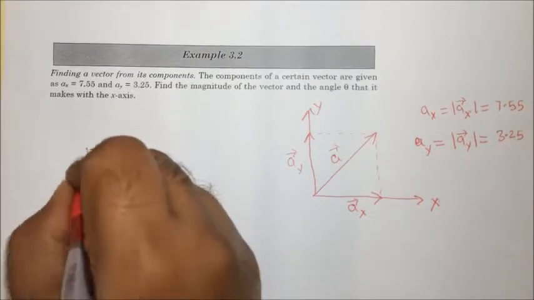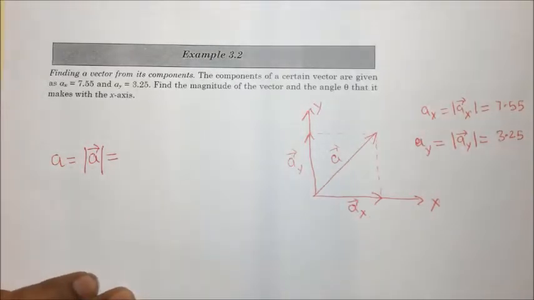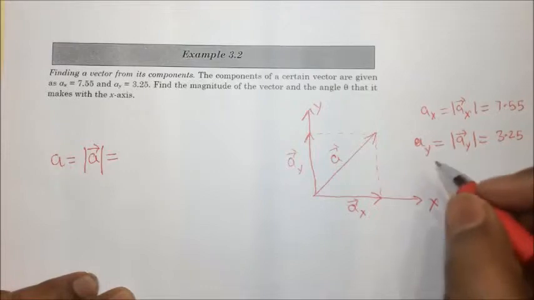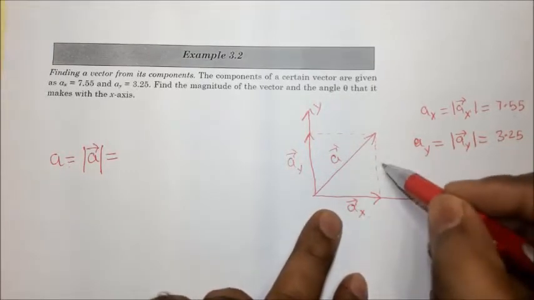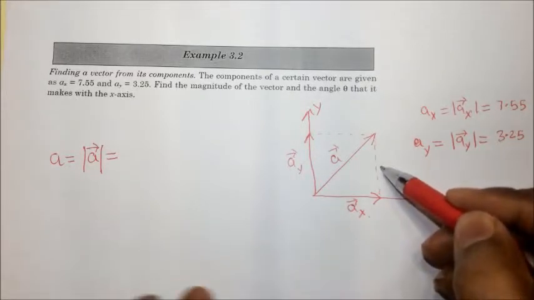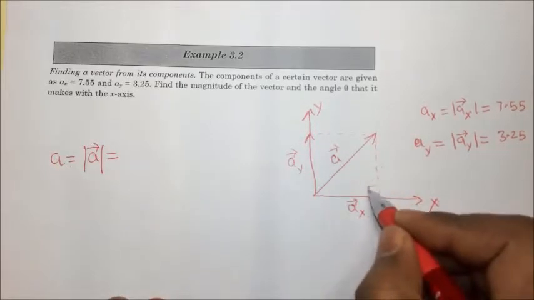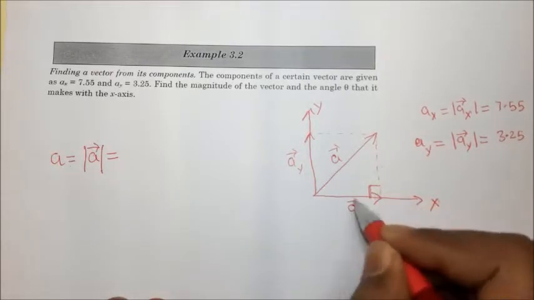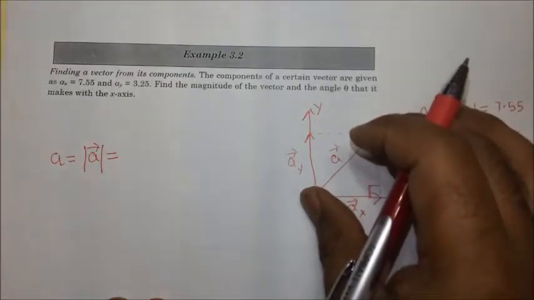Its magnitude, that is A, you can easily find. If this is Ax, this is Ay, and this is also Ay, so this is a right angle triangle.